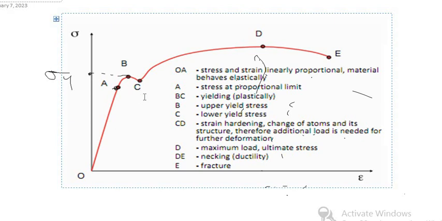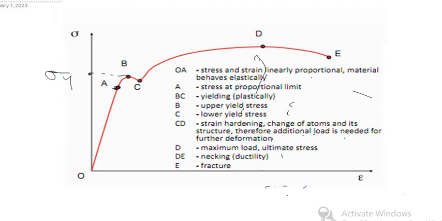And under this we have two kinds of yield point: the upper yield and the lower yield. Point B is the upper yield and point C is the lower yield. The stress at point B is the upper yield stress, and the stress at point C is the lower yield stress. I can demonstrate.